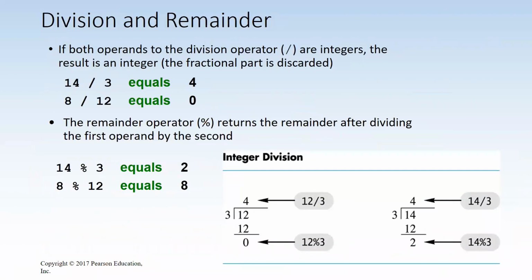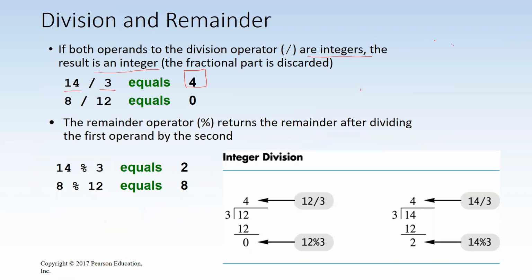Now let's look at this, okay. If both operands to the division operator are integers, then the result is an int. So look at this, both are int, and then your result will be 4.